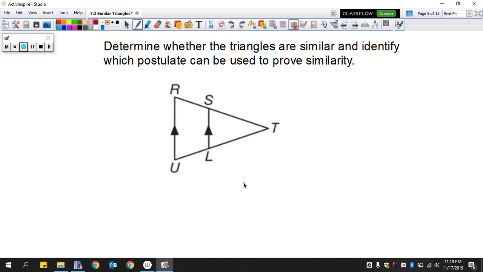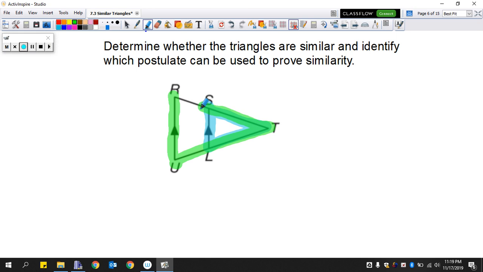All right. So once again, determine whether the triangles are similar and identify which postulate can be used to prove similarity. When we're talking about the two triangles here, we're talking about this triangle, and we're talking about this triangle.